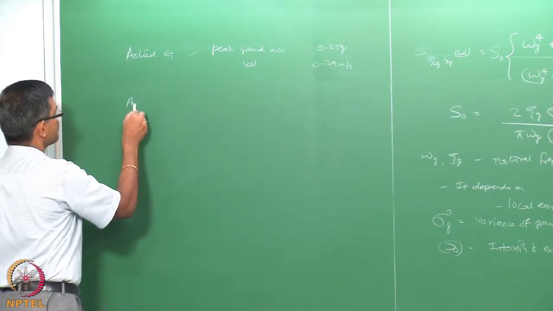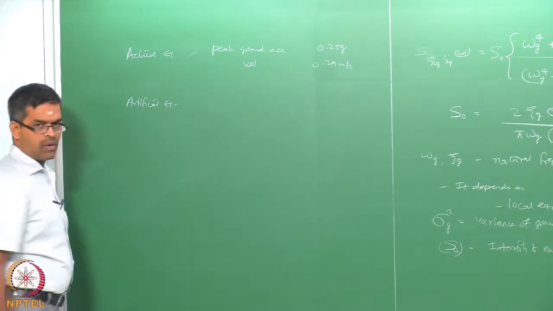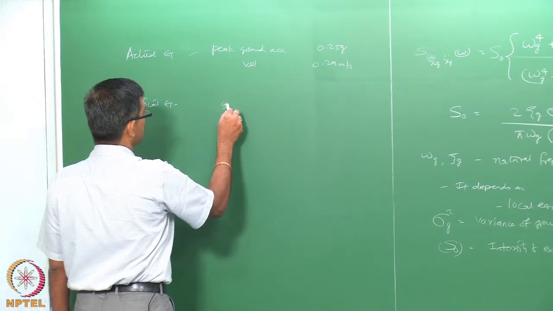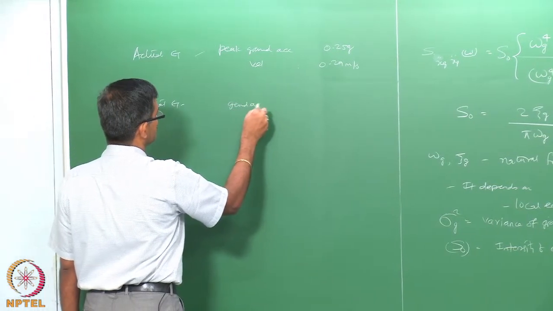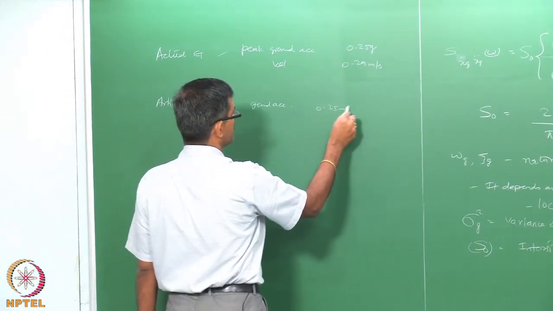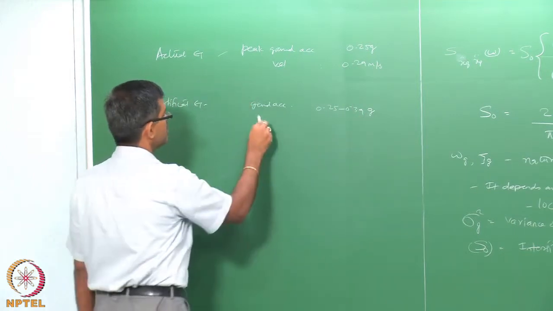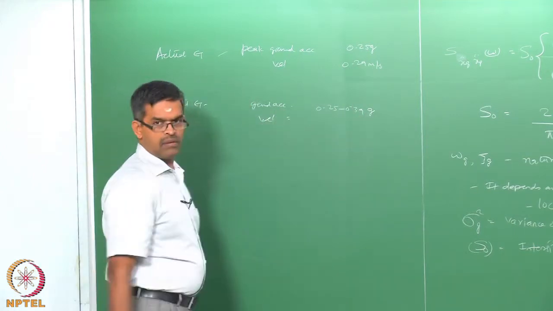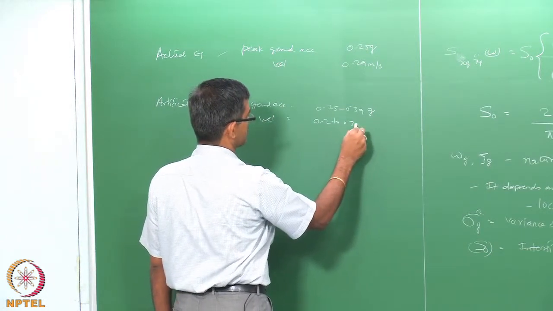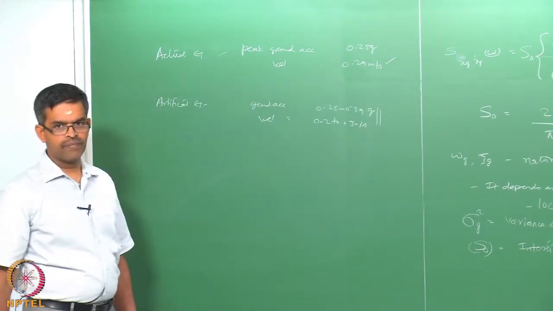The artificial earthquake generated using Kanai-Tajimi spectrum had ground acceleration of 0.25 to 0.39 g and velocity of 0.2 to 0.3 meter per second, which is close to what we have here.